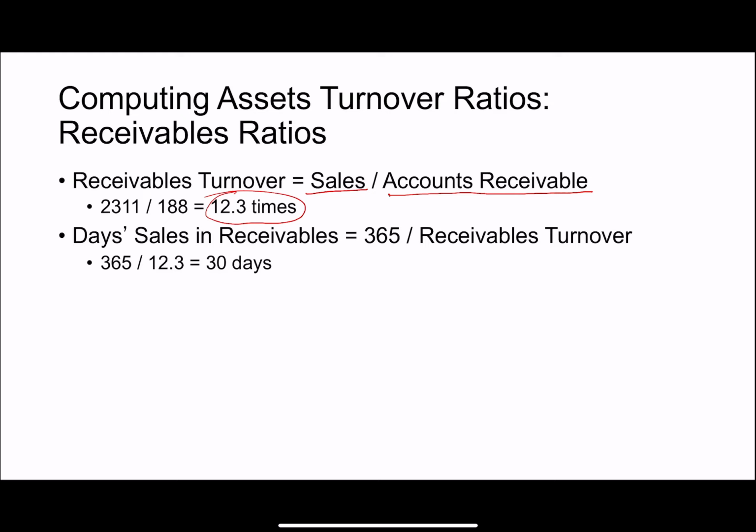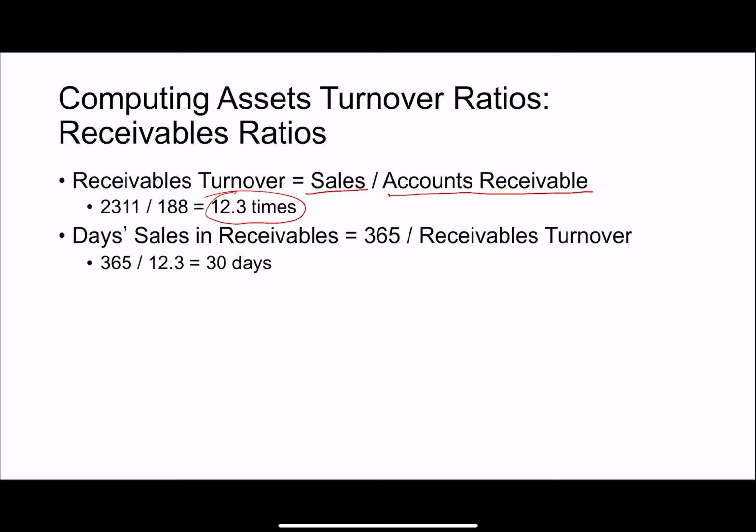Everything else equal, would you rather have low accounts receivable or high accounts receivable? Well, everything else equal, if I'm able to maintain my sales, I would rather minimize my accounts receivable, because it means that I don't lend to my customer. I'm able to sell everything for cash and immediately reinvest and make money out of it.